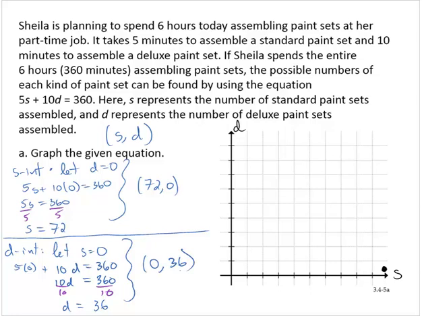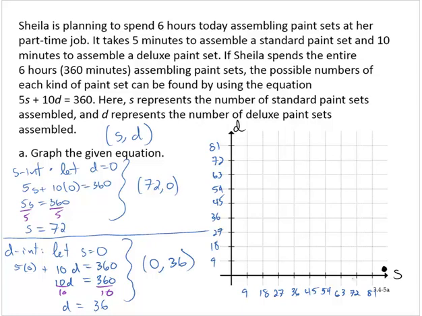So I'm going to use a scale of, how about 9. I notice that both of those numbers are divisible by 9, so I'm going to use a scale of 9 on each axis. All right, plotting points.